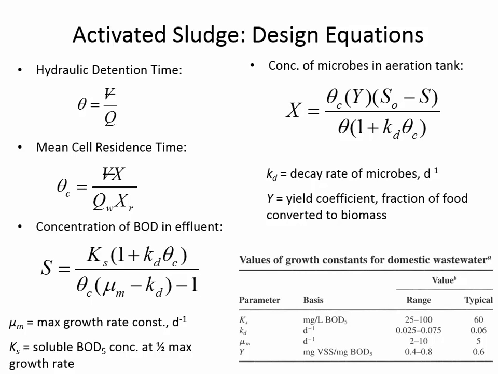So mu is the maximum growth rate, and then we have the growth rate when they have half of the maximum growth rate. A decay coefficient is about how quickly the bacteria are dying.